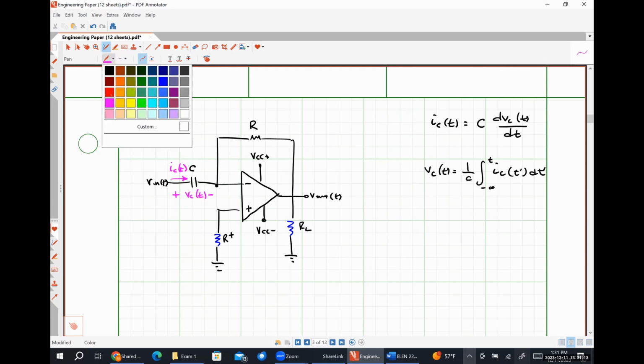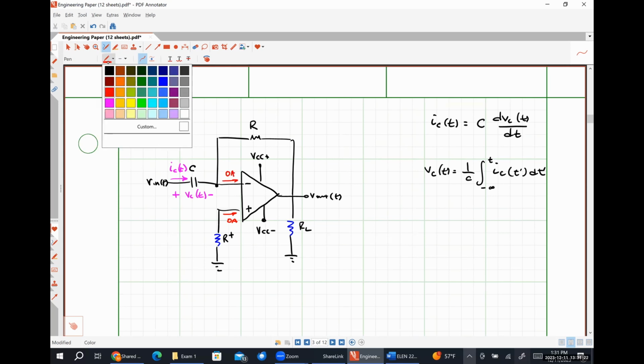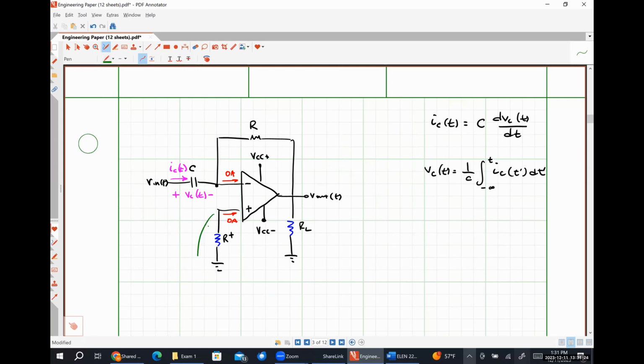So we can see that no current flows into either input terminal since we're dealing with an ideal op amp. The voltage present at our non-inverting input terminal is 0, which means the voltage present at our inverting input terminal must also be 0.